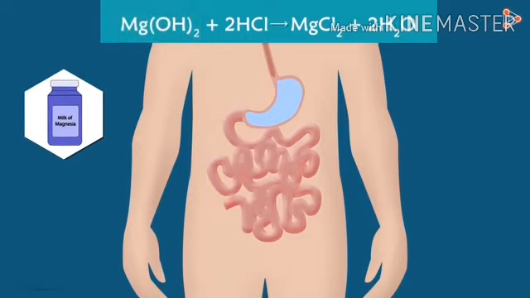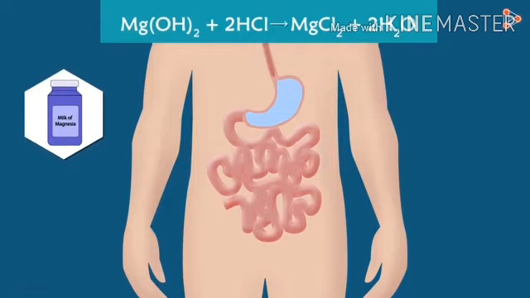In order to remove this pain, normally we will take some tablets, right? Milk of magnesia is one of the remedies for the excess acidic content in our stomach. Or we can even use antacids. What are these tablets? That is antacids or milk of magnesia.